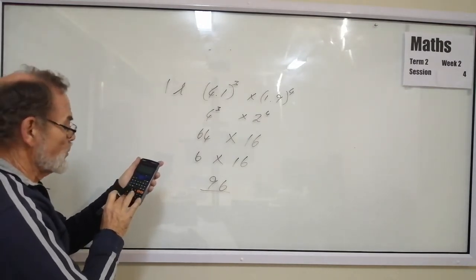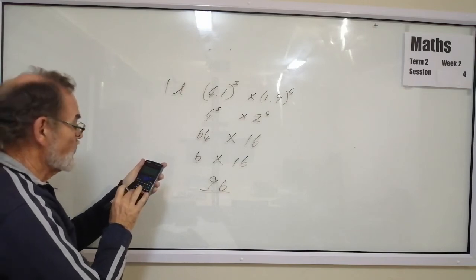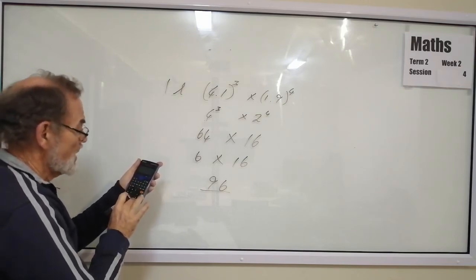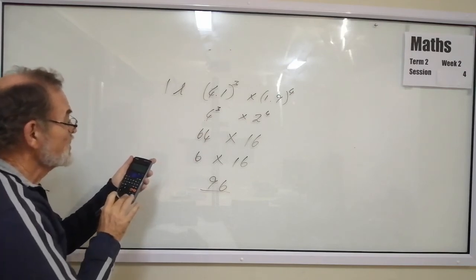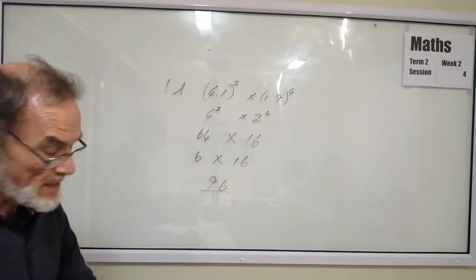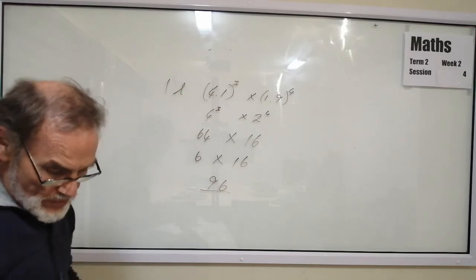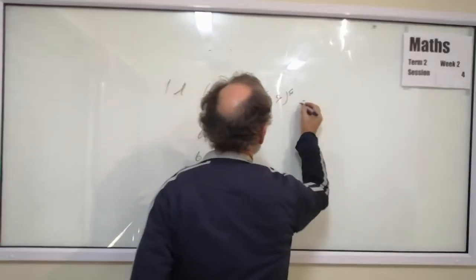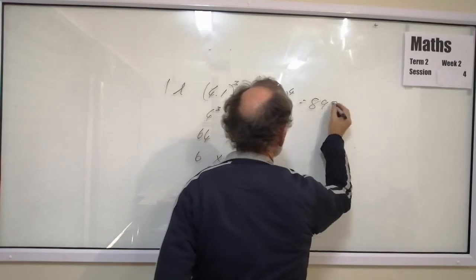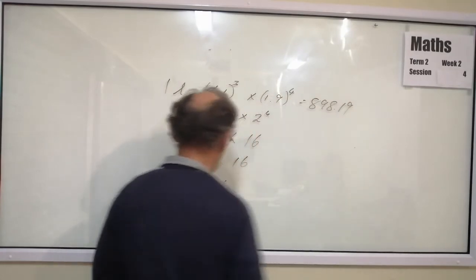And 1.9 to the power of 4. And the answer there is 898.19.